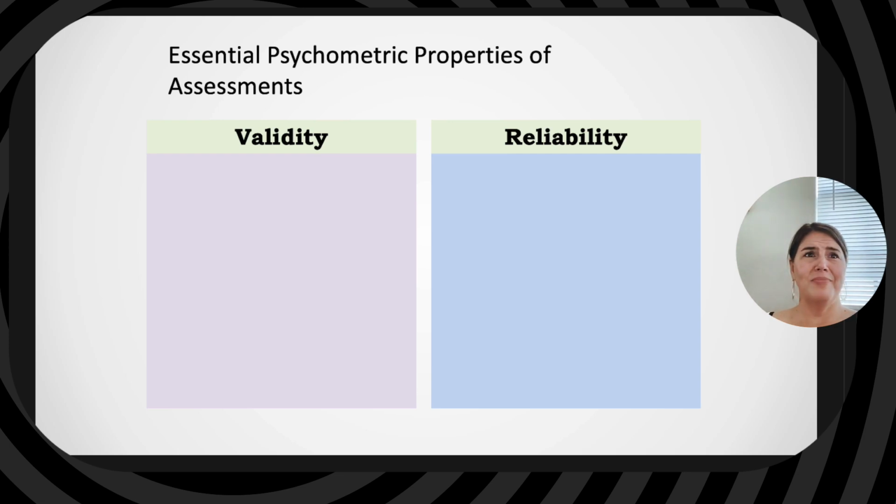Another thing I like to talk about is, thinking from a content perspective, if I am a social studies teacher or history teacher, and I am trying to measure a student's understanding of certain historical events, but the assessment I use is an essay, and my rubric, I'm counting off so much for their grammar and spelling and writing, is it really a valid measure of the history standard anymore?